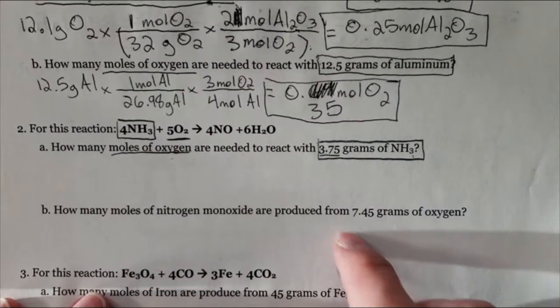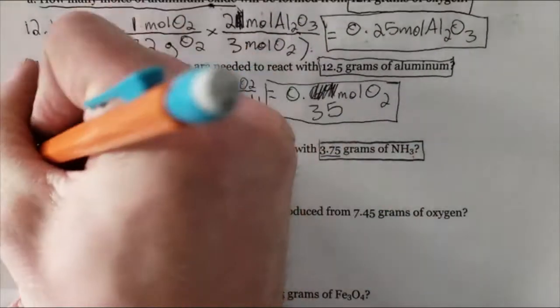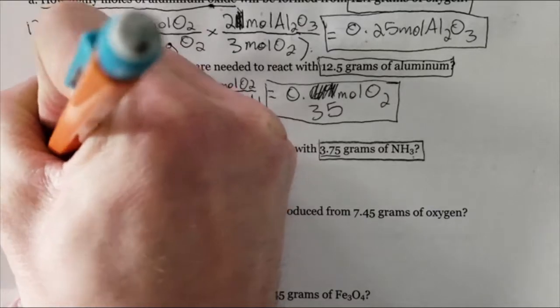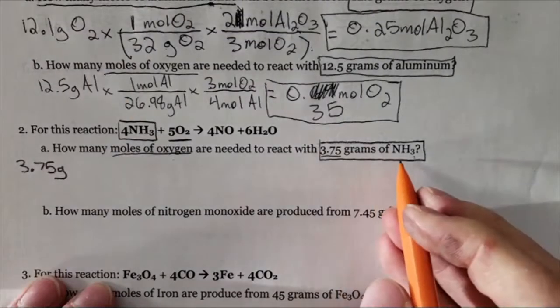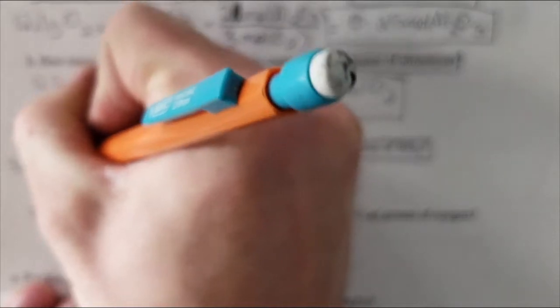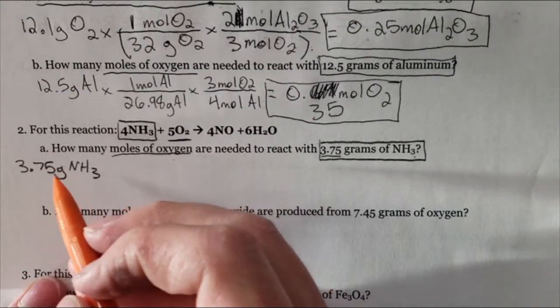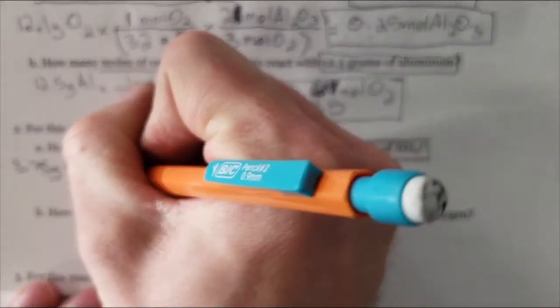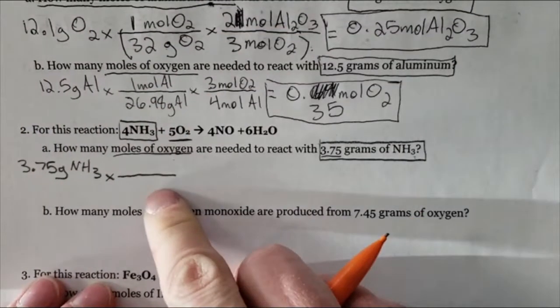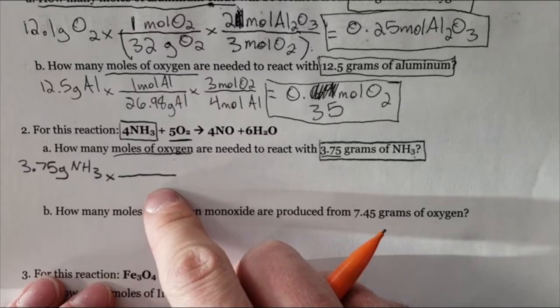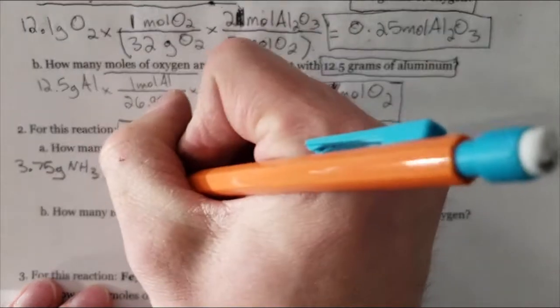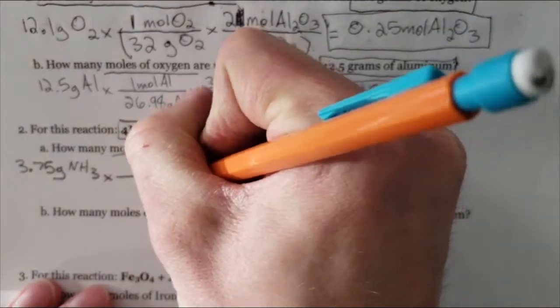Okay? So, let's go ahead and write out what we're starting with. So we've got 3.75 grams of NH3. Okay. So if we know that we have 3.75 grams of NH3, what's going to go down here then? What's going to be our unit? That's right. It's going to be grams of NH3.